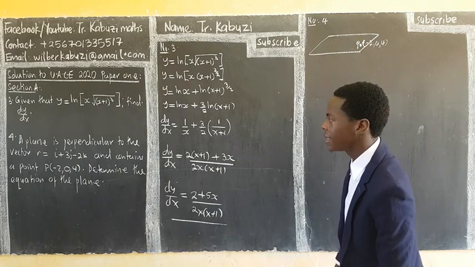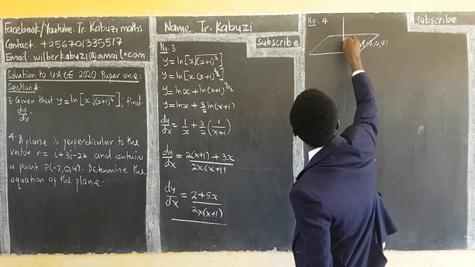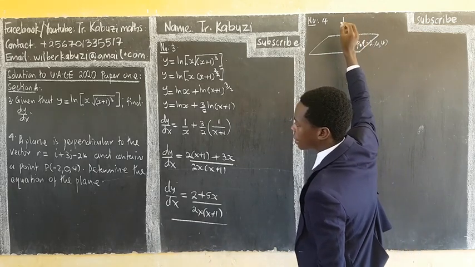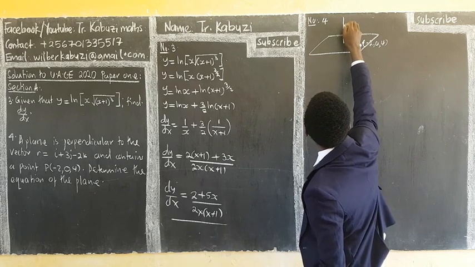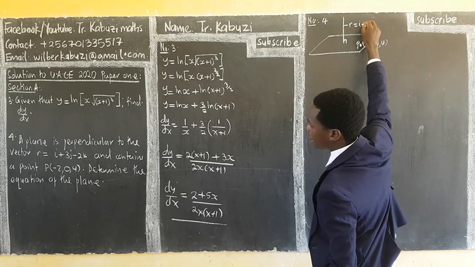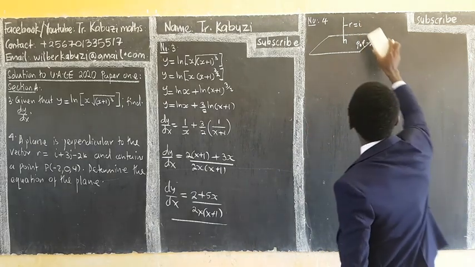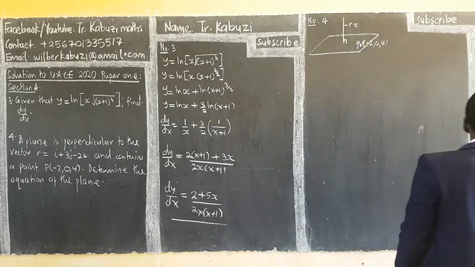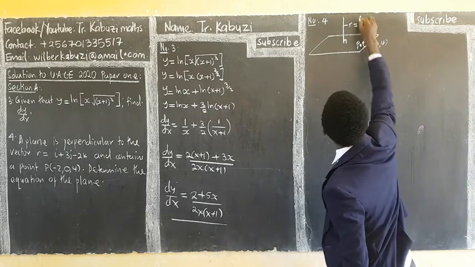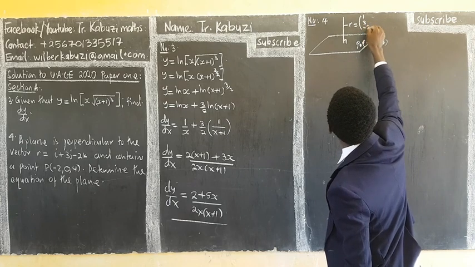And then it tells us that the plane is perpendicular to a vector. This vector is r equals i, which I can write in column form as a column vector, 1, 3, negative 2.